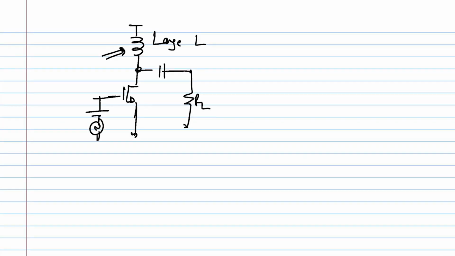So what is the solution? If you think about it, one of the reasons this was an issue is that there was a time when the transistor was conducting and no current was going into the load. In another half cycle, the current was going into the load, and at that time the transistor was not conducting. So half the time you are essentially losing the power that is drawn by the transistor.